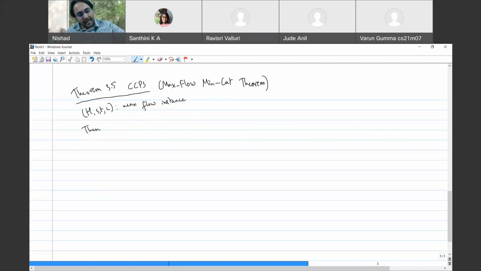Then the value of a maximum flow is equal to the minimum capacity of any ST dicut.